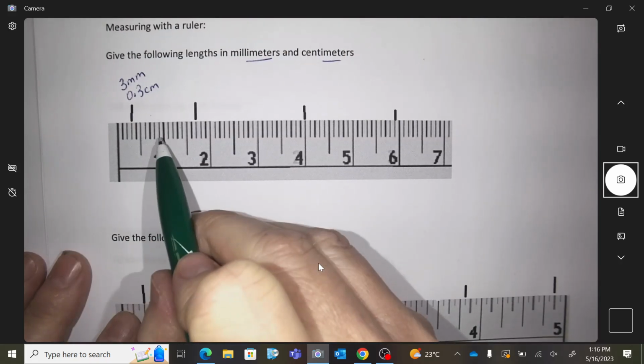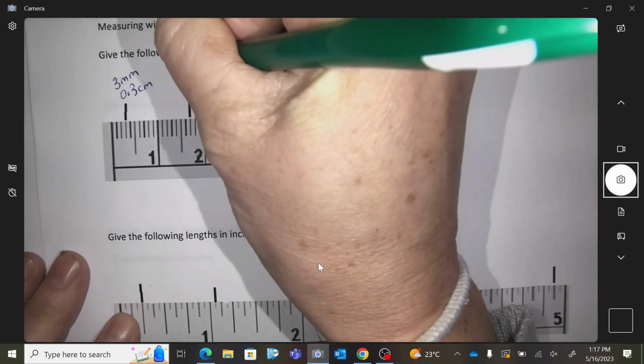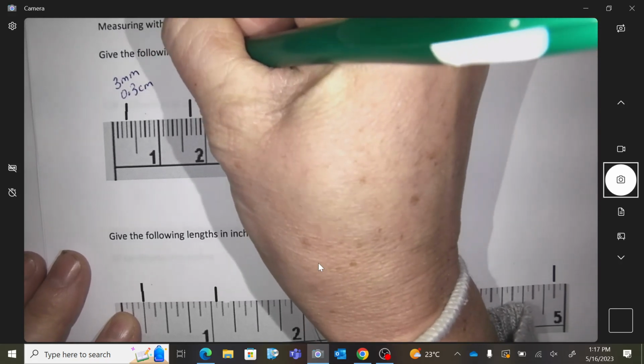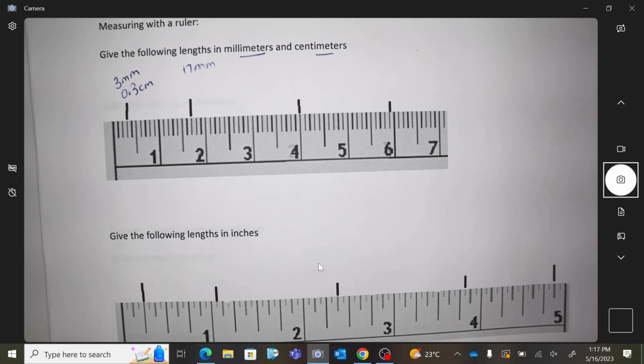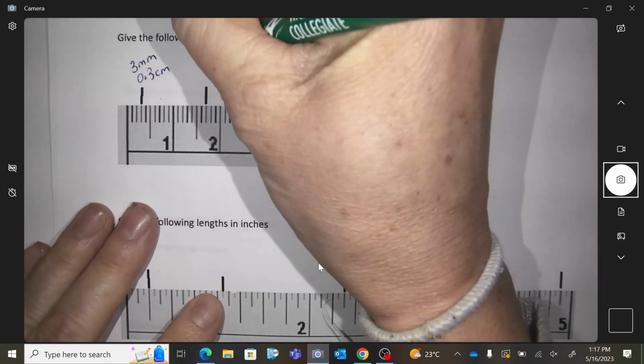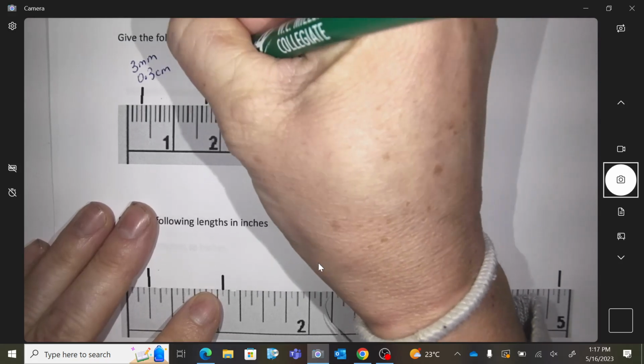So I'm at 10 here, 15, 16, 17 millimeters. And the other way to write it in centimeters would be 1.7.